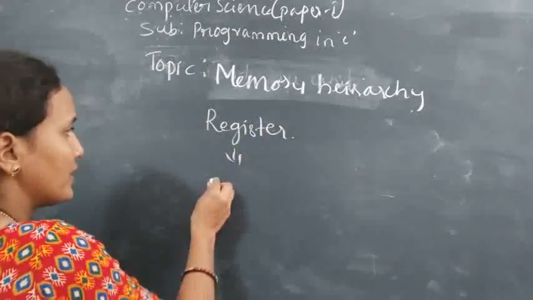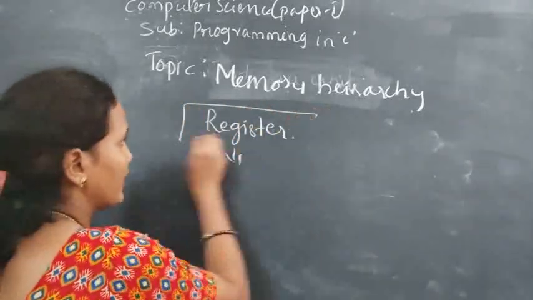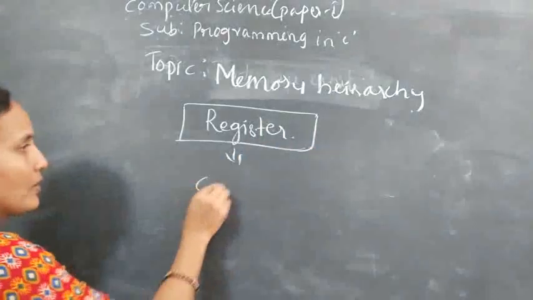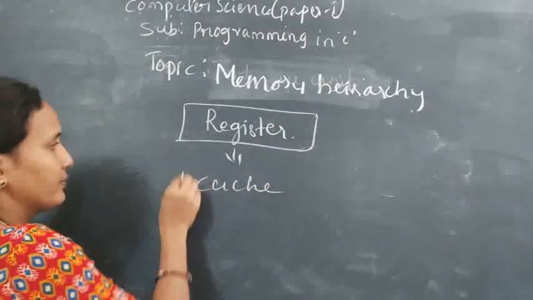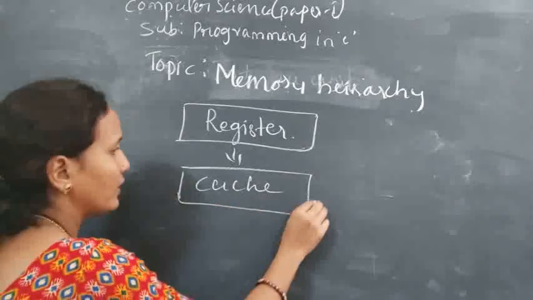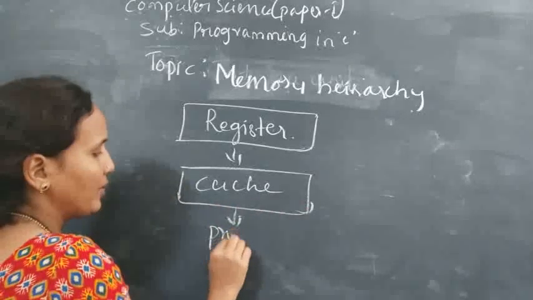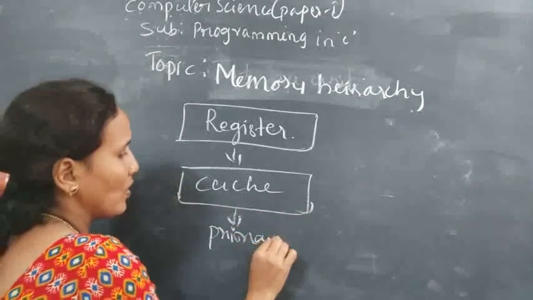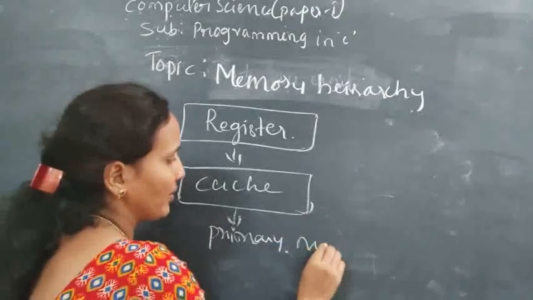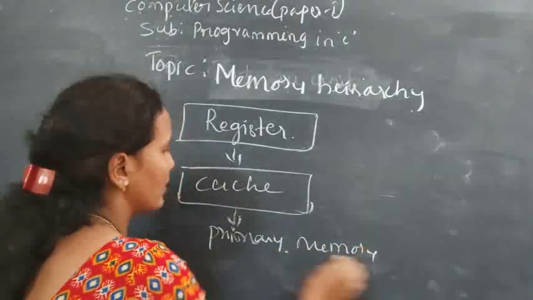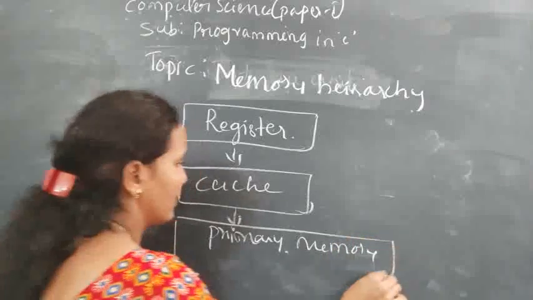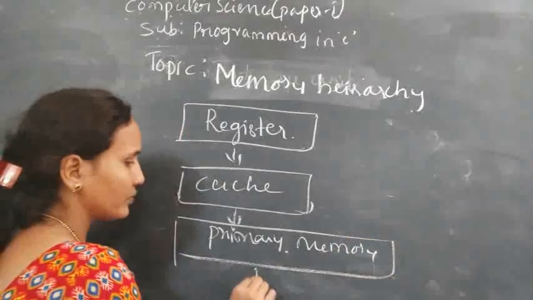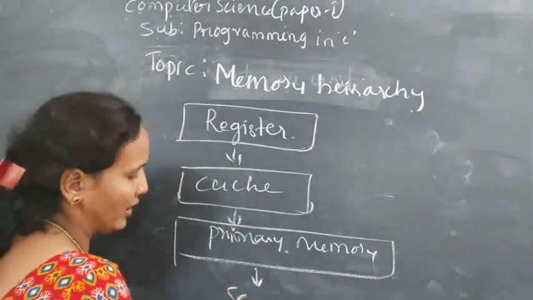The second one you can take like this, cache memory. And the third one is primary memory. Based on the size, you can categorize this. The next one is secondary memory.